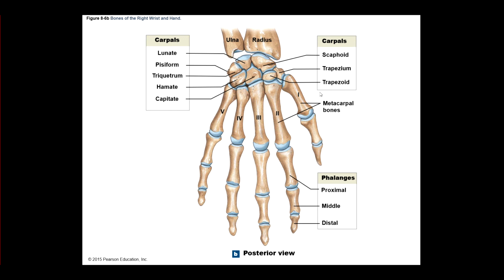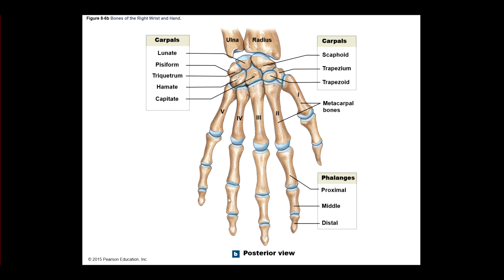So what are these Roman numerals right here? In medicine especially, we document by not saying, a patient broke their pointer finger. I mean, would you be wrong? No, but the way we would document it is this. The thumb is digit number 1, the index finger is digit number 2, the middle finger 3, the ring finger is digit number 4, and then the pinky is digit number 5.